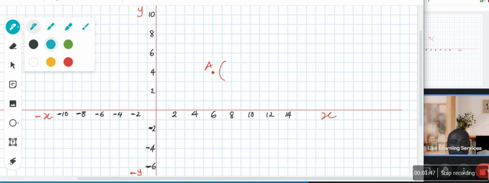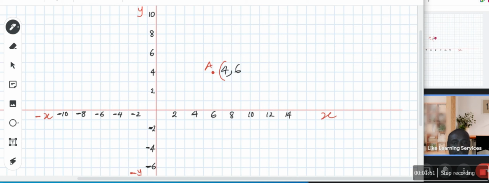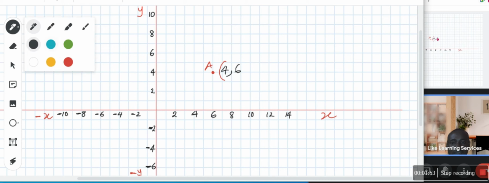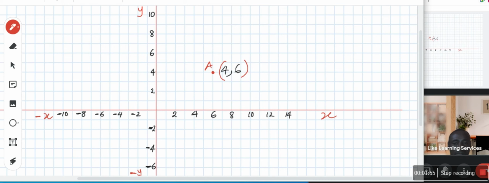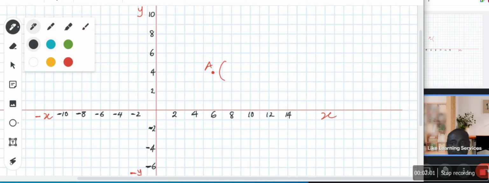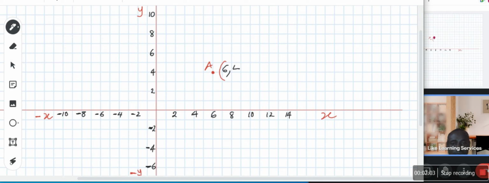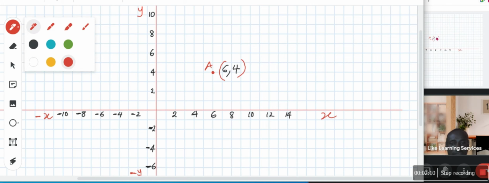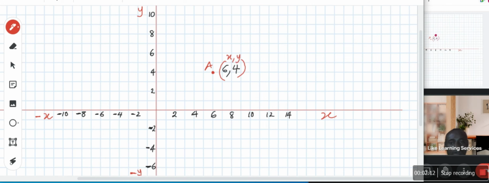So the coordinate is 6, comma 4. Sorry, I made a mistake. You mention the x first and then the y. X, comma y.